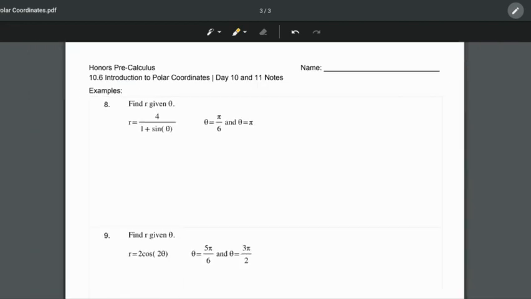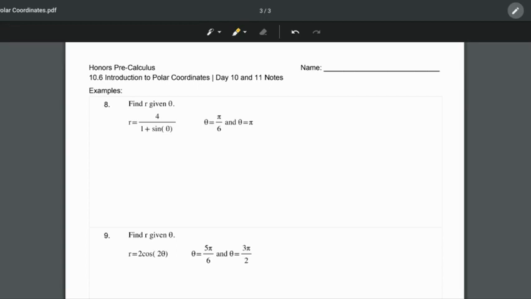The next thing that we want to do is find our given theta for these equations. And so the way that we're going to do that is by essentially just plugging in the values that were given for theta and then simplifying to figure out what our value for r is. So in number 8, we are told that theta is equal to pi over 6 and theta is equal to pi.